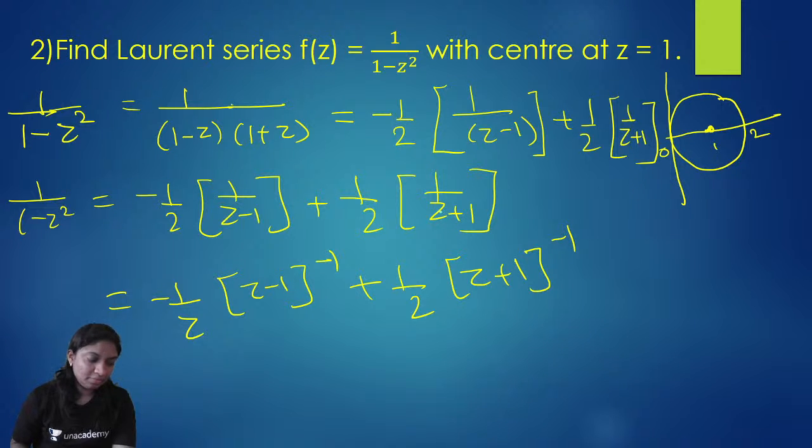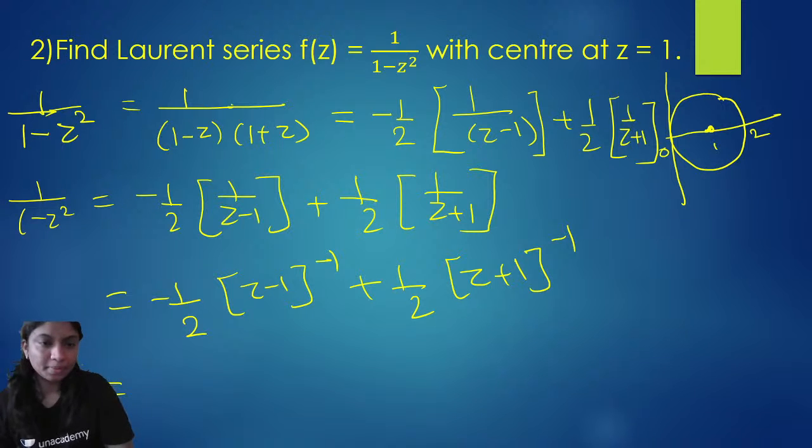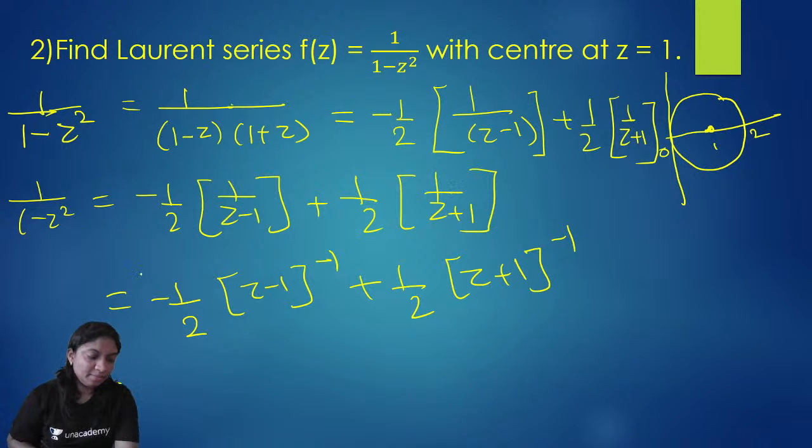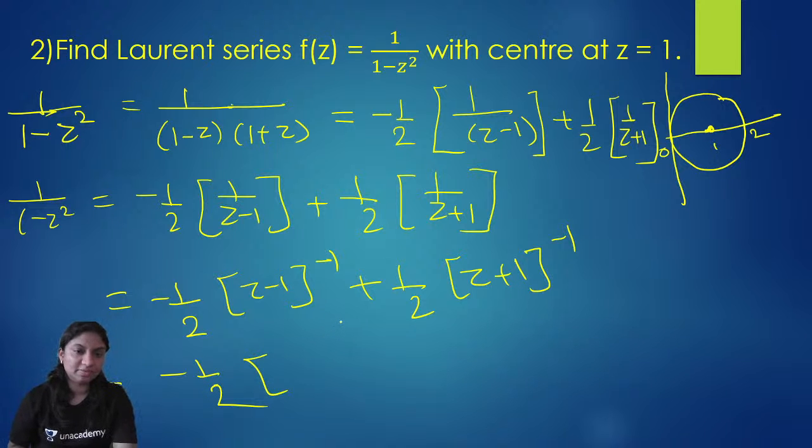So this plus 1, can I replace this z plus 1 as (z minus 1) plus 2?